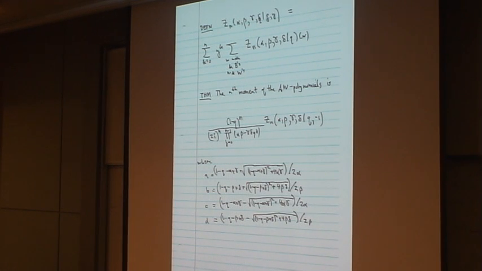So here's one of their theorems. The nth moment of the Askey-Wilson polynomial is exactly this partition function. But you have to put y equal to -1. The Askey-Wilson polynomials do not have positive coefficients when you find their moments, so you have to put y equal to -1.